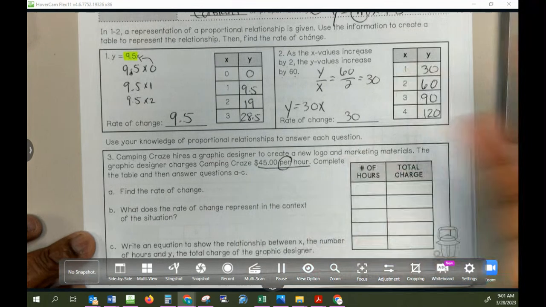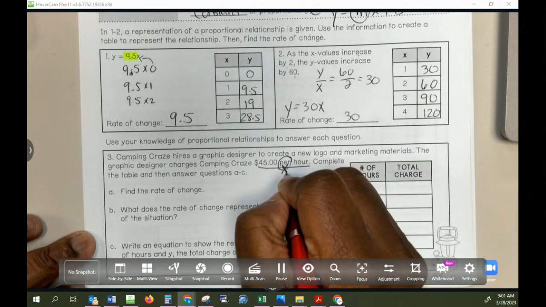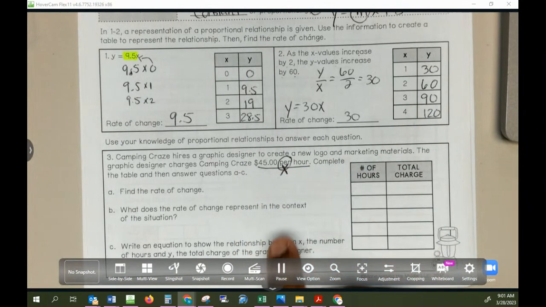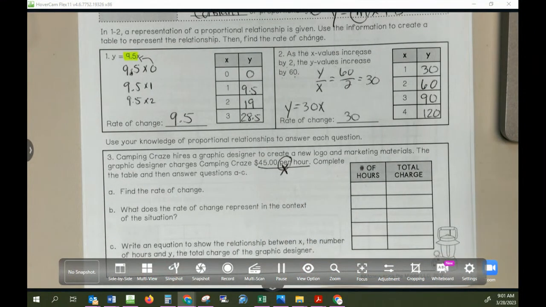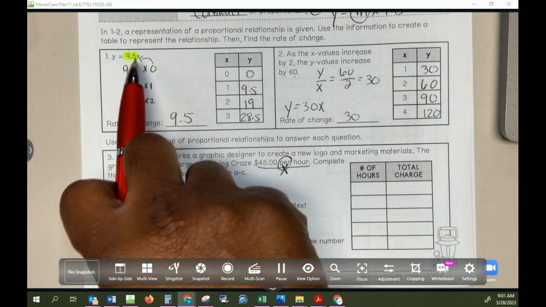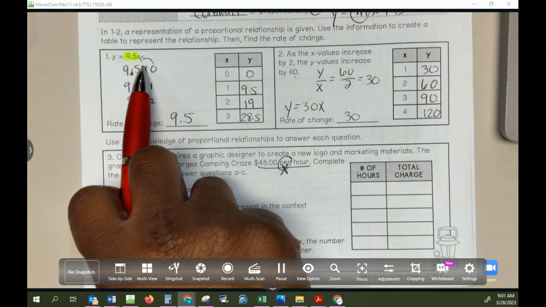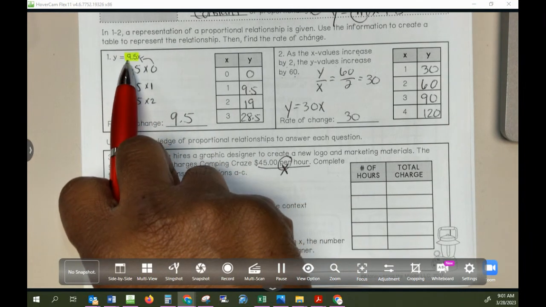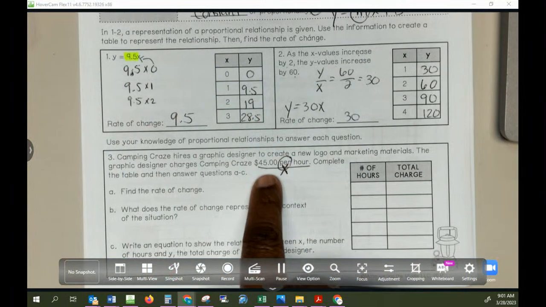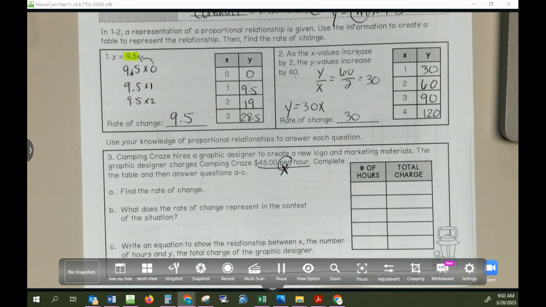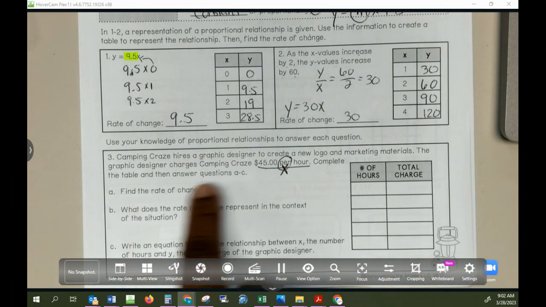Multiplication. So if I know per, every, each means I'm multiplying, that lets me know that whatever it's referring to is going to be attached to the x. Why? Because of what we found in our equation: anytime I know my rate of change, I was multiplying by x.